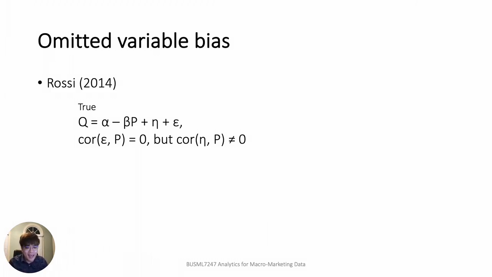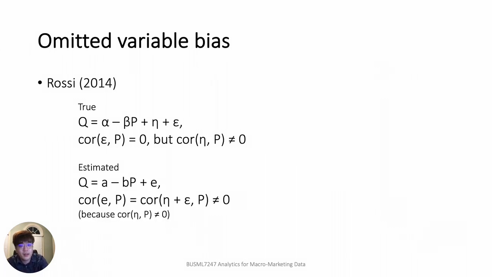And suppose that eta is the correlated part and epsilon is the remaining part, which is uncorrelated to the price. If the endogeneity is not considered in the regression, the error in the estimated equation, E, actually takes both eta and epsilon. And this error is actually correlated to the price through eta.